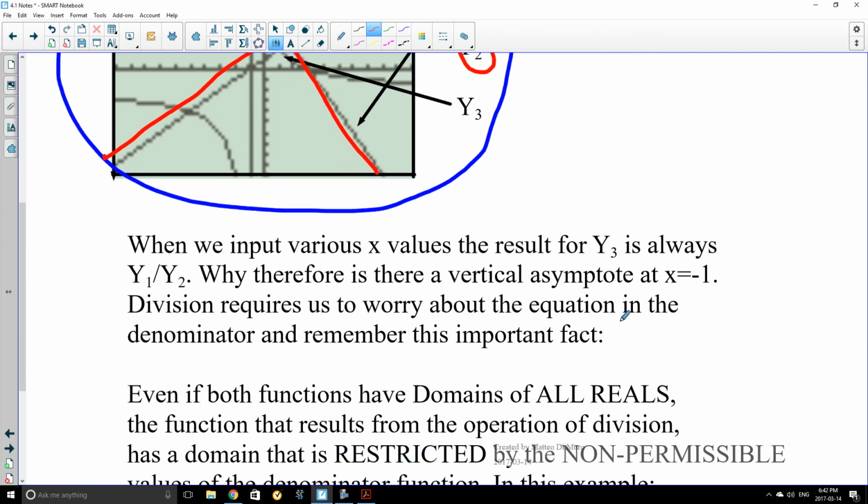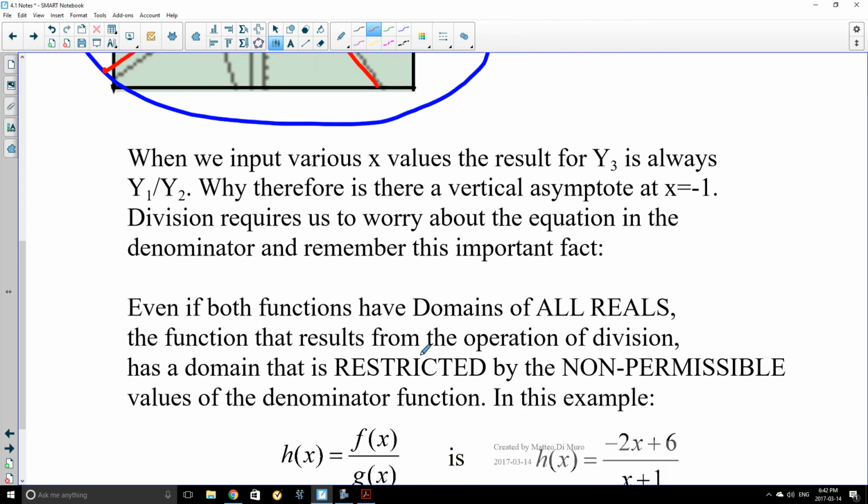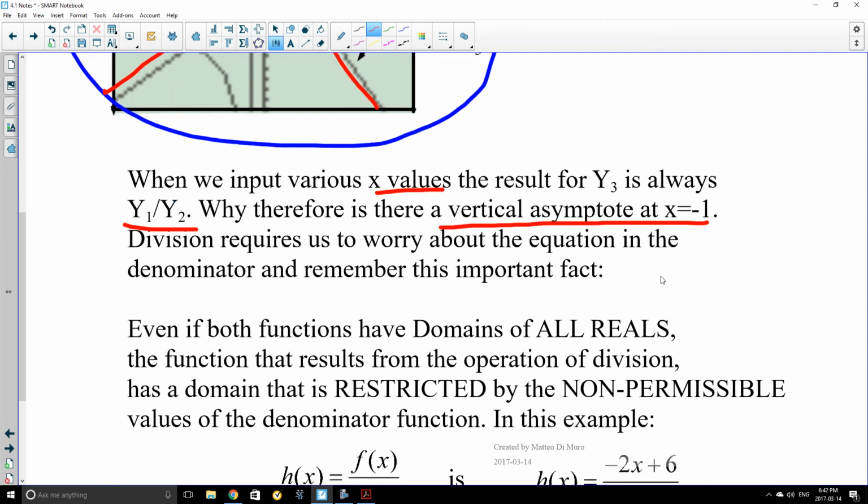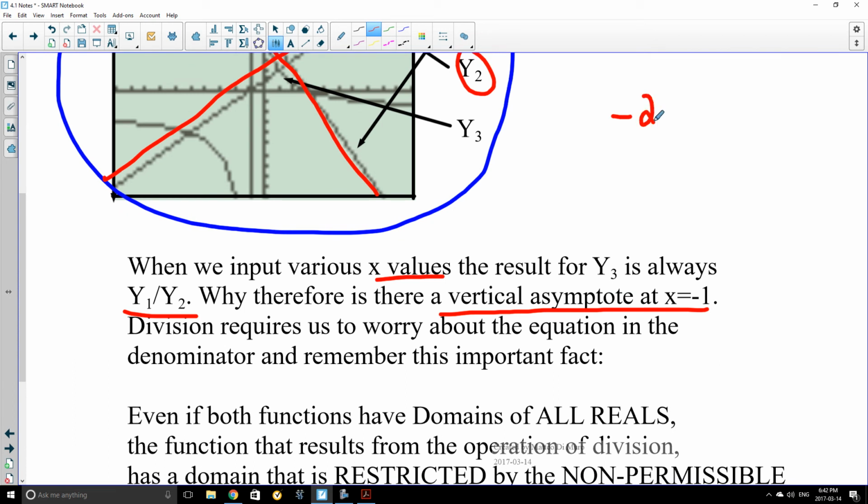If I write f of x over g of x, because it's a fraction, we know that we got a non-permissible value here. x cannot equal negative 1. That's giving us our asymptote. The domain is tricky to figure out.